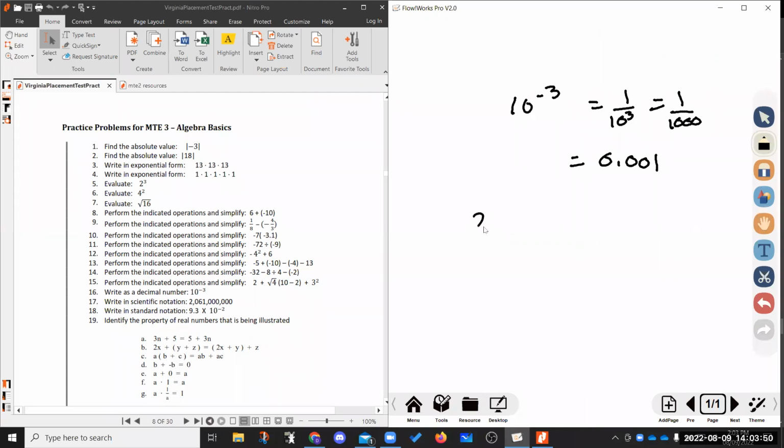Now we're going to write a big number in scientific notation, 2,061,000,000. This can be 2 and 61 thousandths times 10 to the, I move the decimal place 3, 6, 9 times.